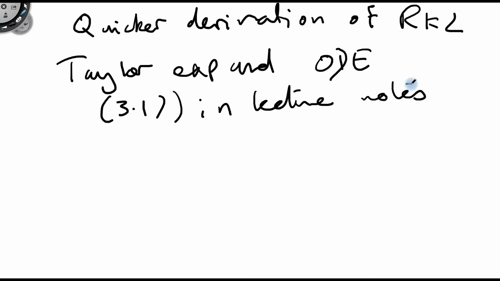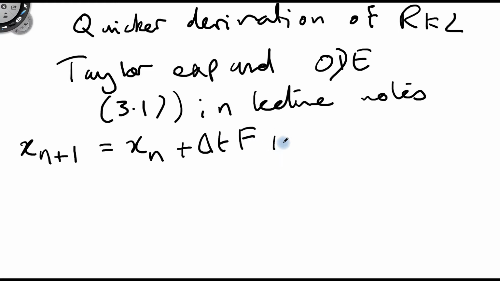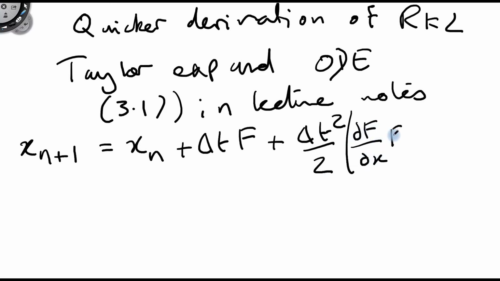We do a little bit of manipulation. So that was x_{n+1} equals x_n plus delta t times f plus delta t squared on 2, plus order delta t cubed.